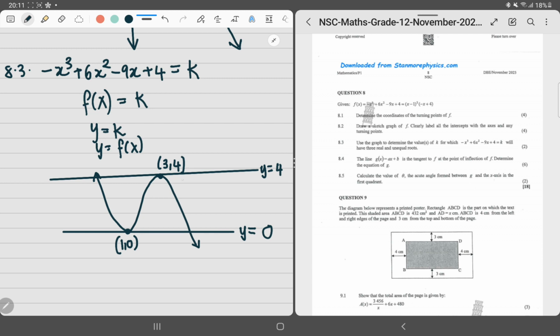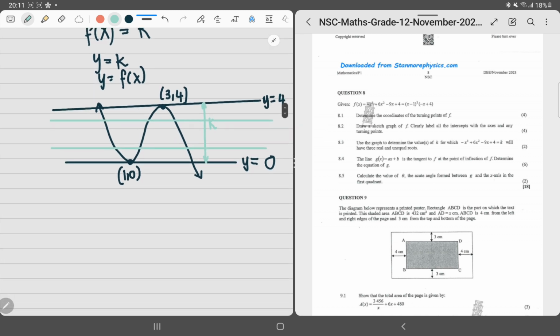Okay, so k should lie anywhere in between here. In other words, k should lie between 0 and 4.